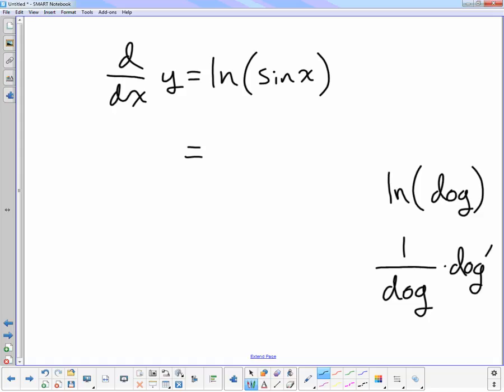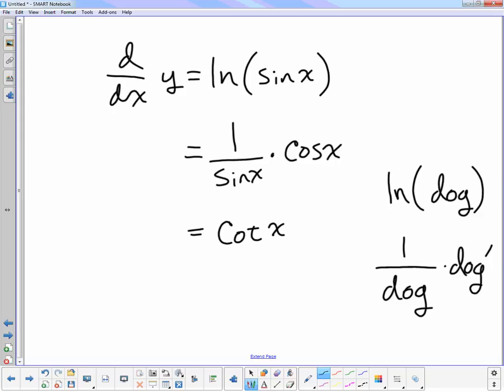And what do you wind up getting? One over sine x times the cosine of x, which is cotangent of x.